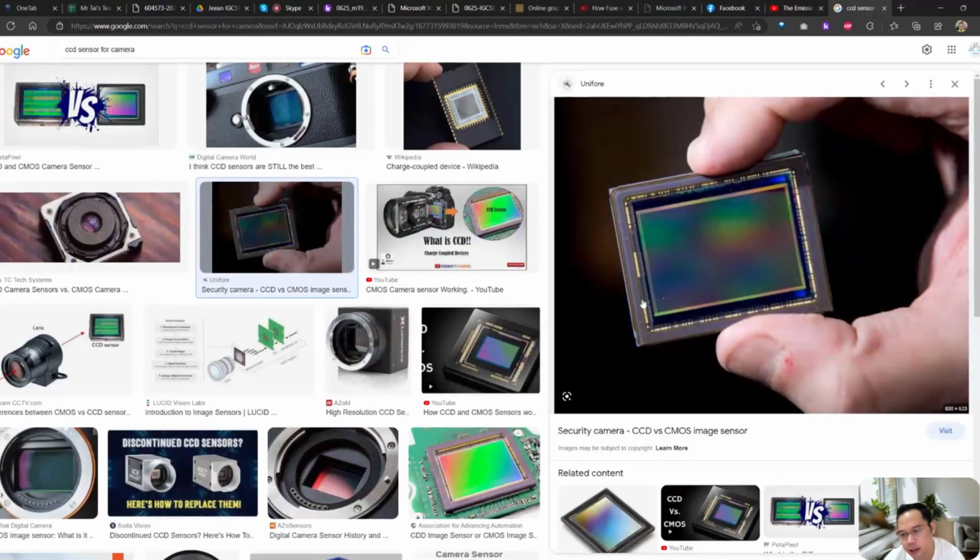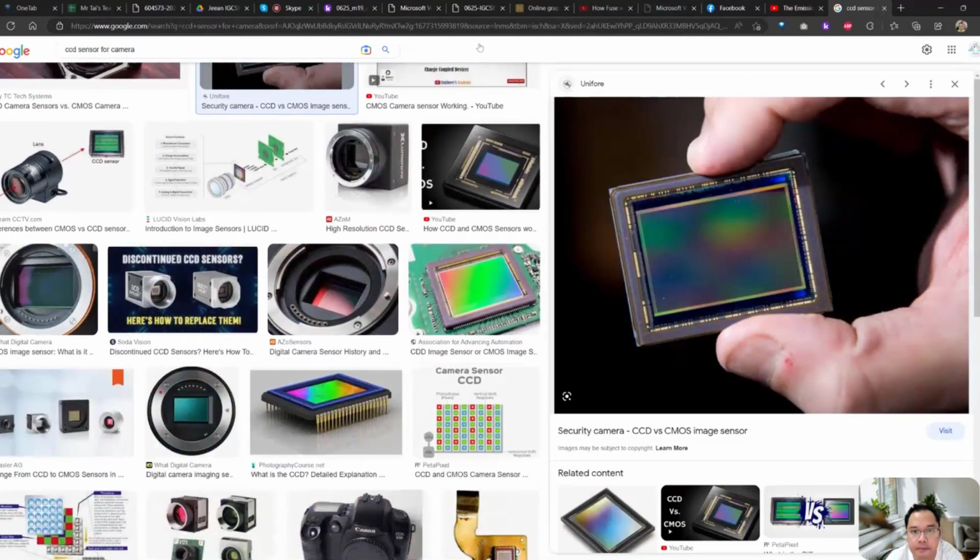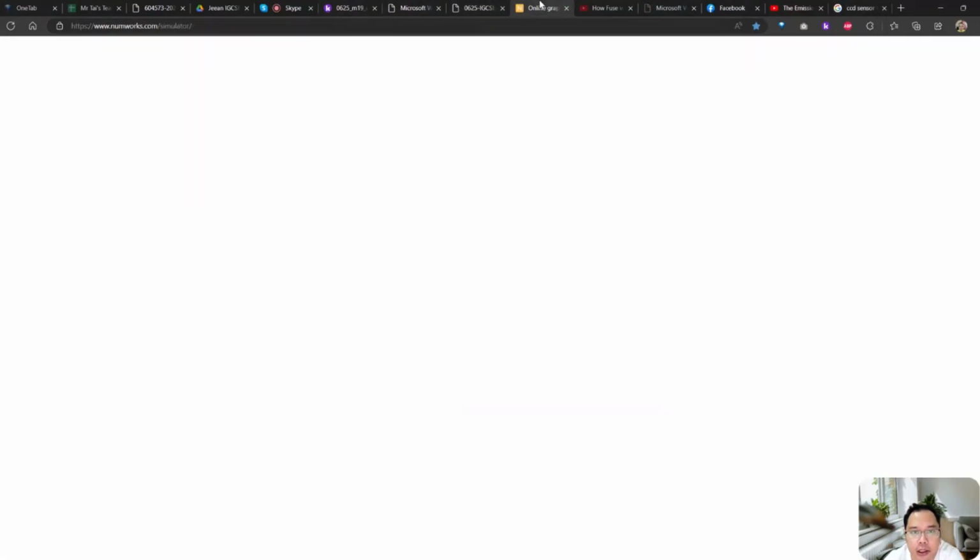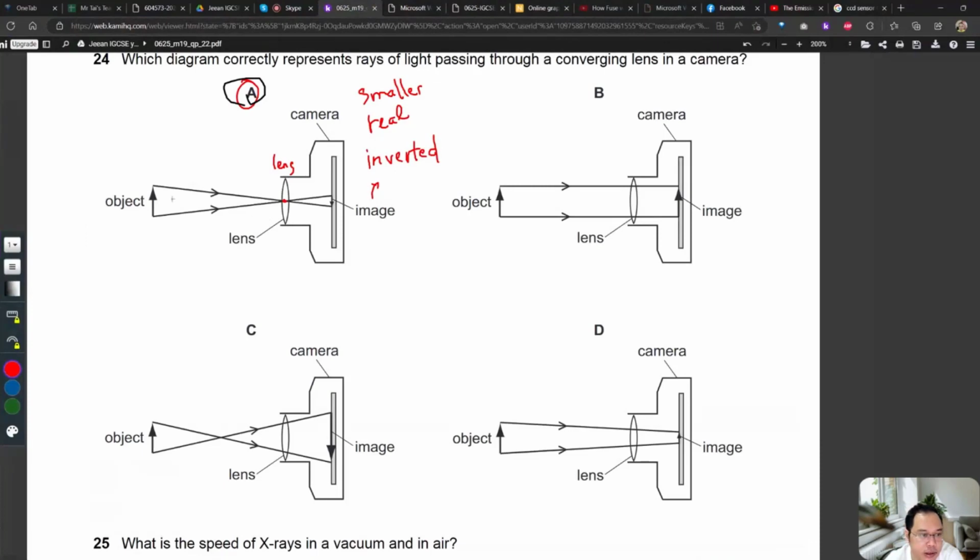The light coming from the environment is focused by the lens onto this sensor. The light is converted into many electrical signals, then transferred to the processor to transform that signal into a digital photo. So the answer is A. The light must go through the center of the lens, forming a smaller, real and inverted image.